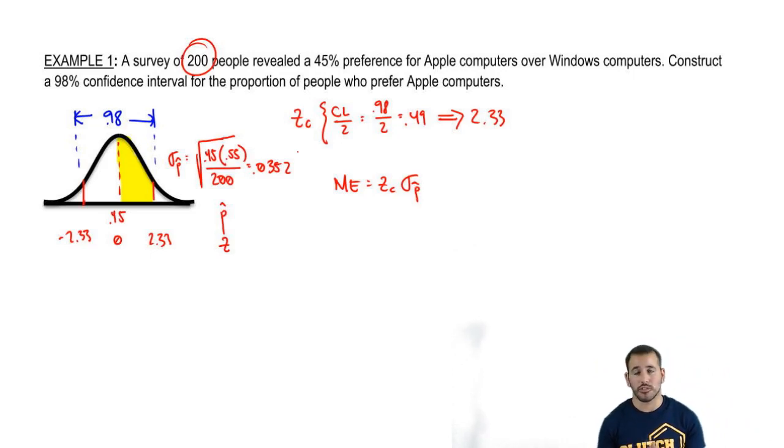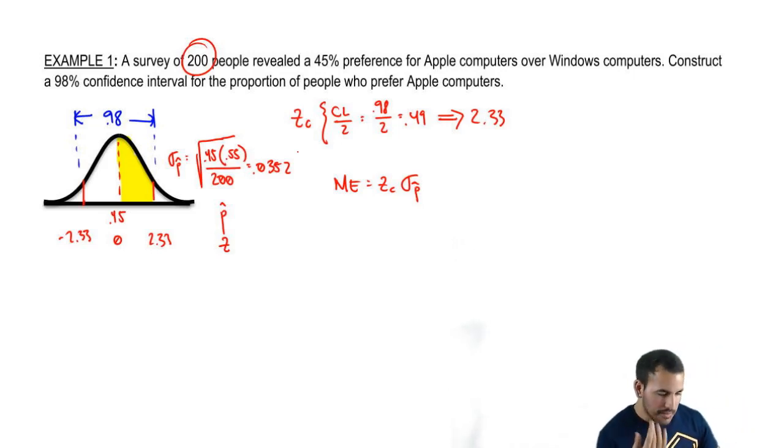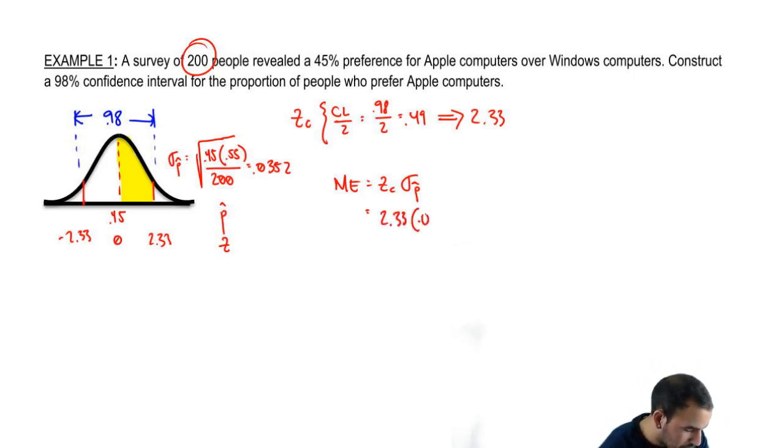So if you cannot round, that's basically the best option, is to just not round throughout the whole process. But for here, just so I could write some numbers, I'm just going to round it to 4, and 4 is a pretty safe decimal because it still gives you the same z-score. The same standard error. So 0.0352, our z is 2.33.